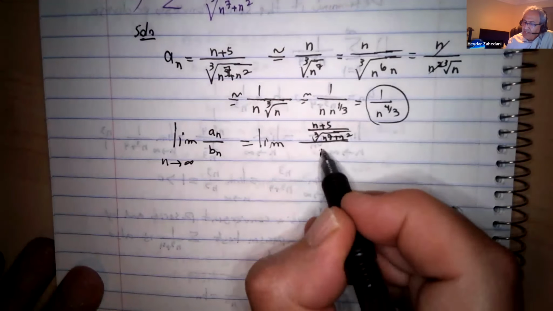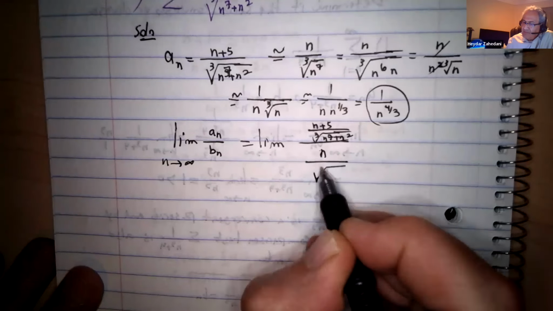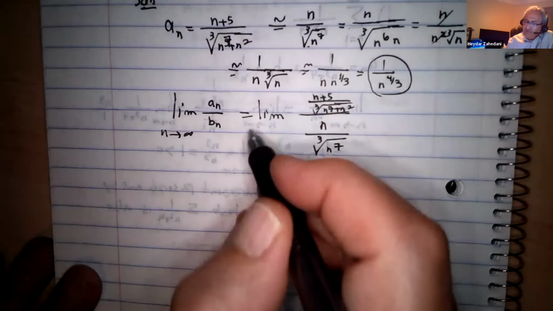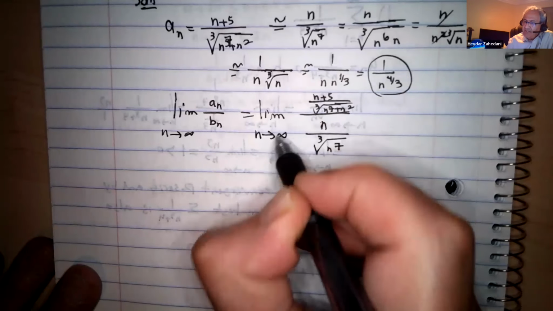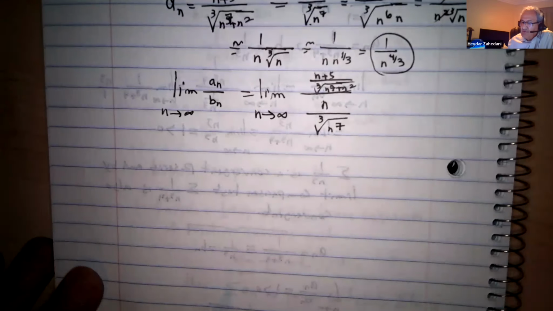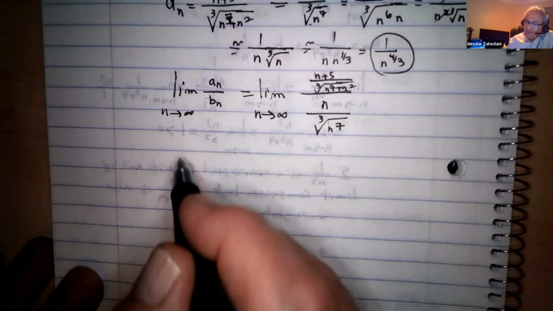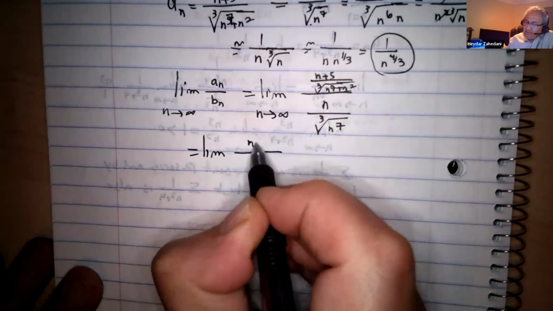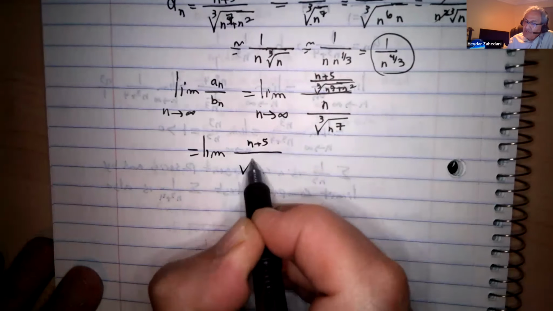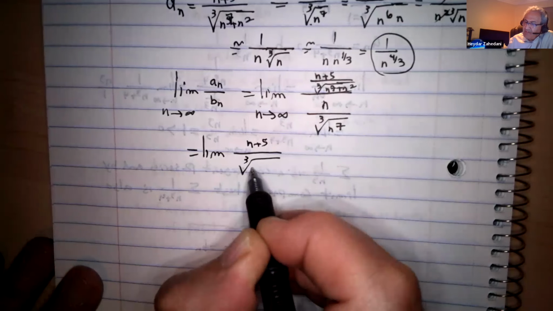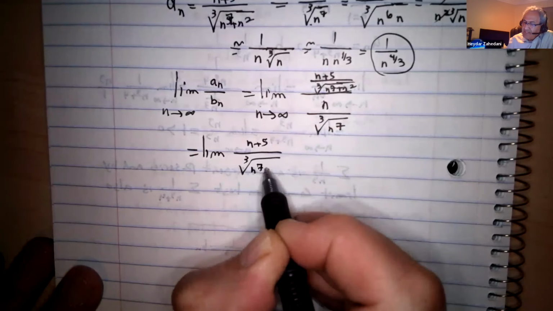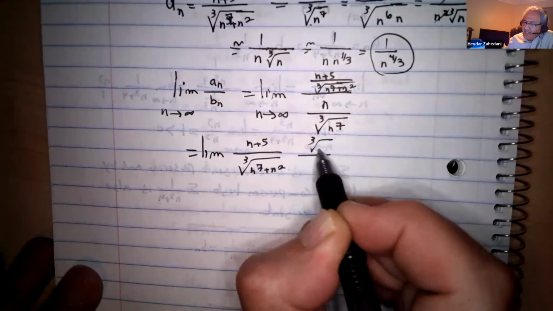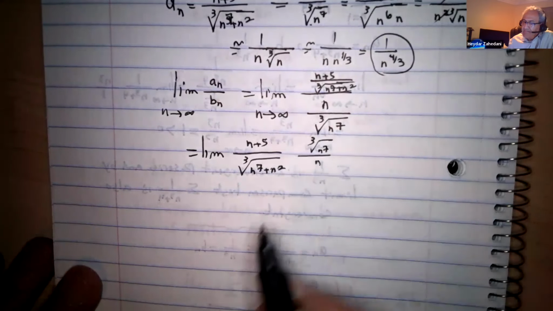You keep the radical to be able to simplify it. In future you don't need it, but for the time being you have to show us. So this limit is the limit of n plus 5 over the cube root of n to the 7 plus n squared, times the cube root of n to the 7 over n.